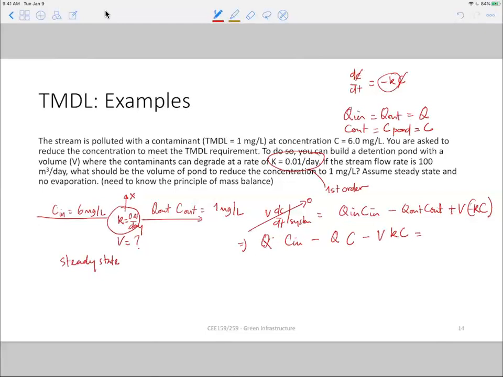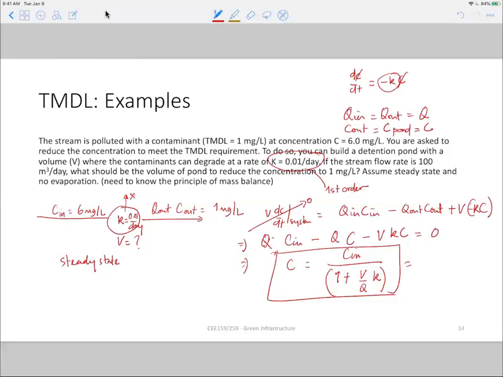In fact, this is the same equation we derived a few slides ago. Then you can write the final equation if you know that number. So that will be C is C in divided by 1 plus V over Q times K. And if you have this equation handy, then you can just directly write it with the assumptions.